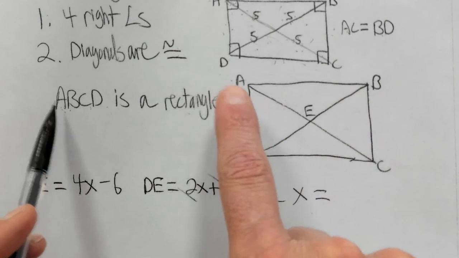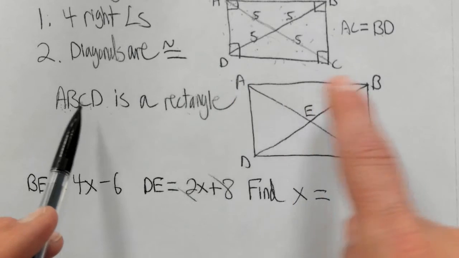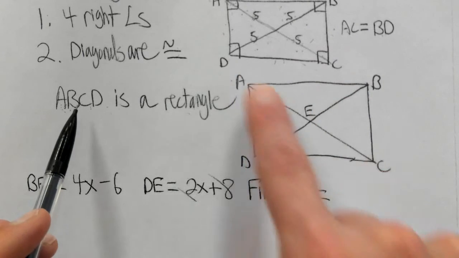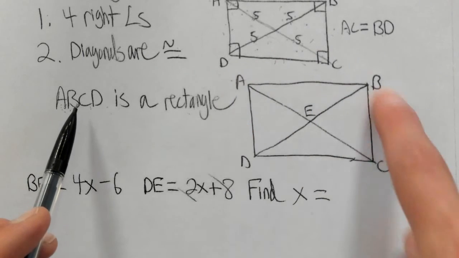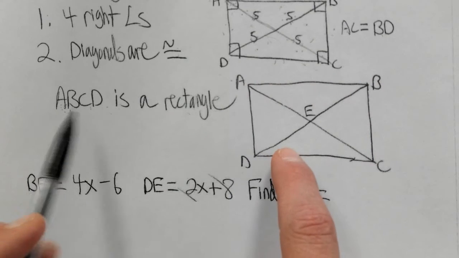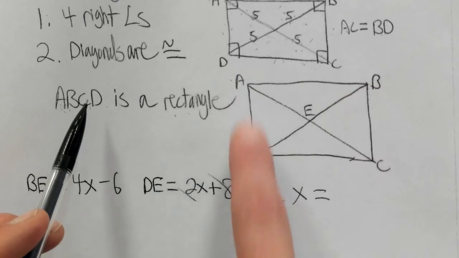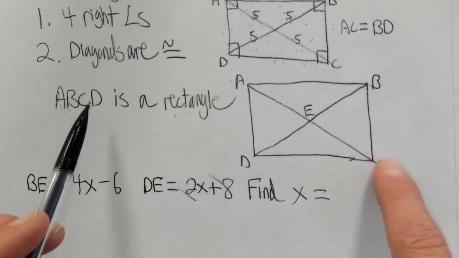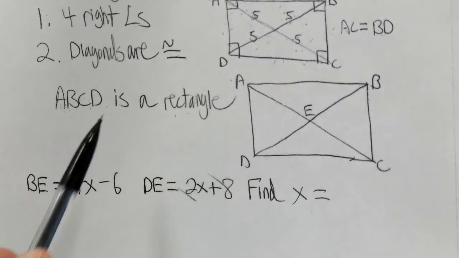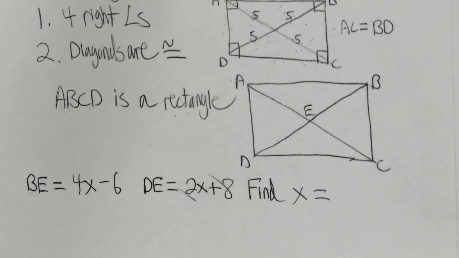Like I can't call this rectangle A, B, D, C. All right, you've got to go around in the same direction, A, B, C, D, or you could call it rectangle A, D, C, B, or you could start with a different letter other than A. You could call it C, D, A, B, and that's the same thing. But just remember, once you start in a certain direction, you've got to continue on in that same direction in order to make it work.